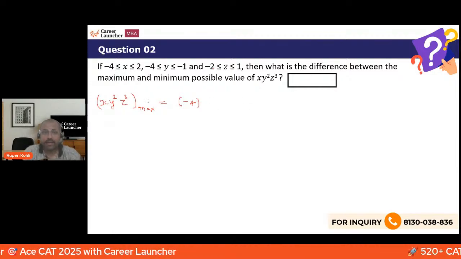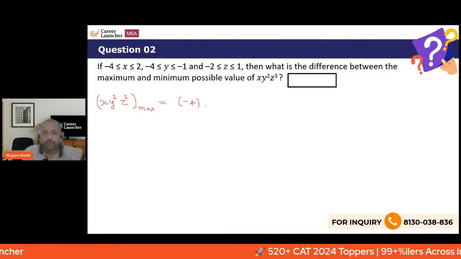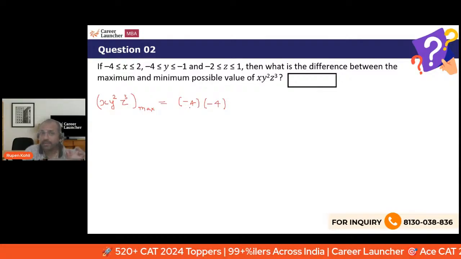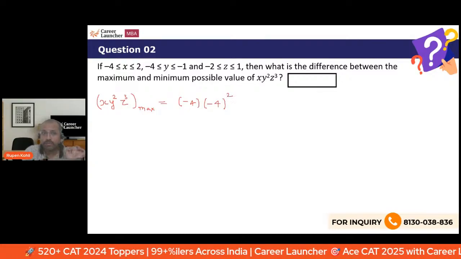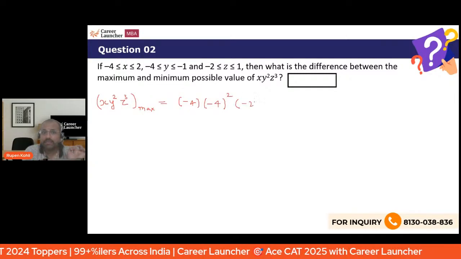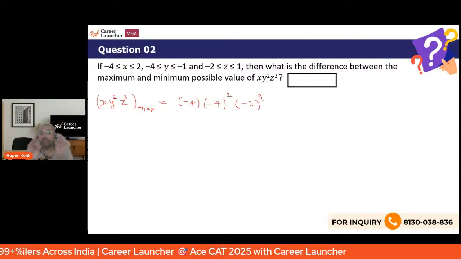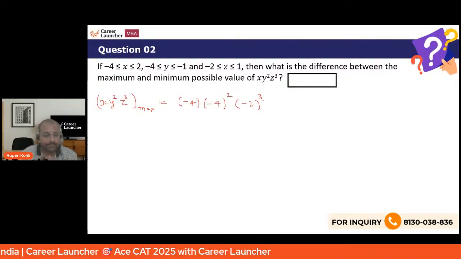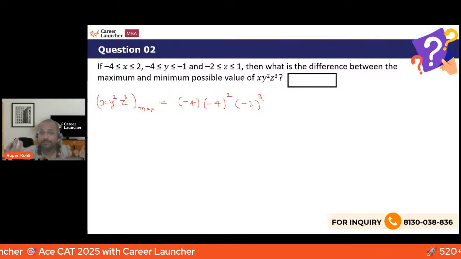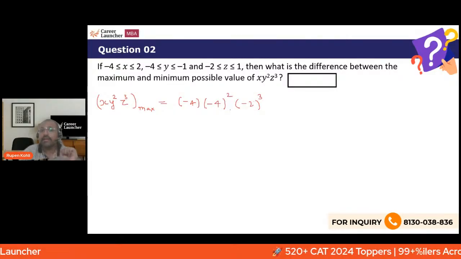And why obviously minus 4 for y? Because eventually the perfect square will remove the minus sign. So x being minus 4, y being also minus 4, and z being minus 2, that will optimize this product to its maximum possibility, right? Because eventually we are getting a positive sign.